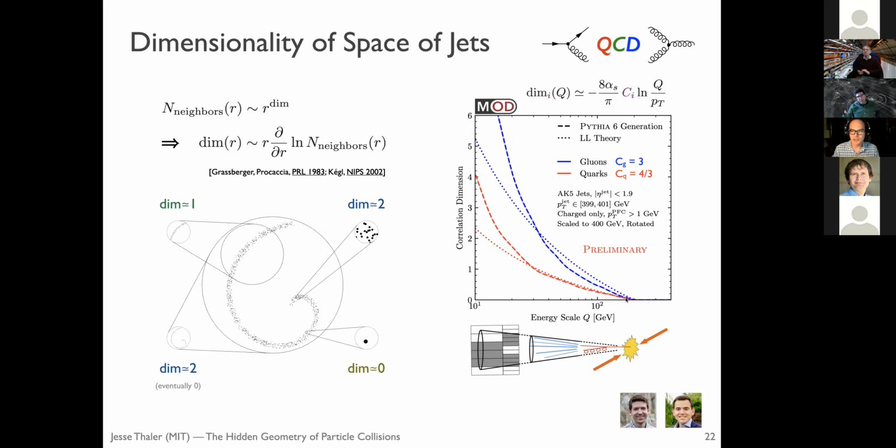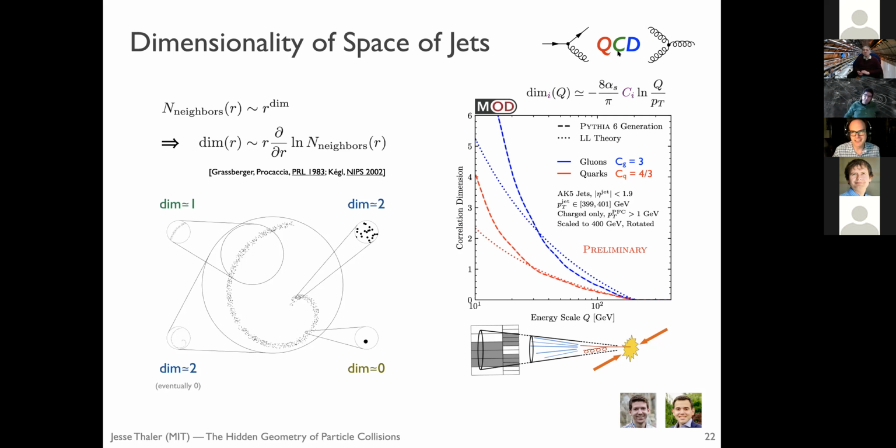This is an ensemble of single jet events. So I have an ensemble of jets, one jet per event. Let's say, just to pick a number, 30,000, and then I calculate 30,000 choose 2 distances, and from that I use this logarithmic derivative to figure out what the dimensionality is. Okay.